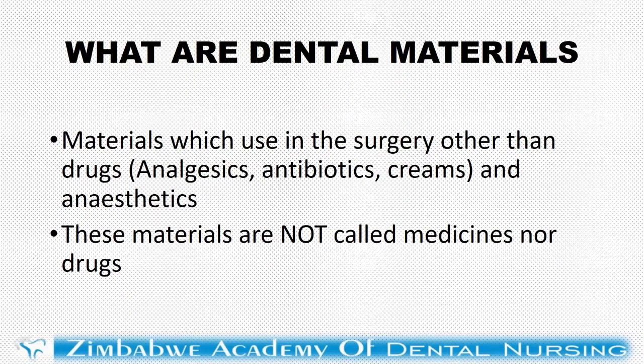We do use medicines and drugs in the dental surgery, such as anesthetics, antibiotics, creams, etc. But then there are other things that we use to replace teeth, to repair teeth, to promote healing of the dental nerve, of the soft tissues in the mouth, to take impressions or replicas of teeth or missing teeth. All these things are generally classified as dental materials.